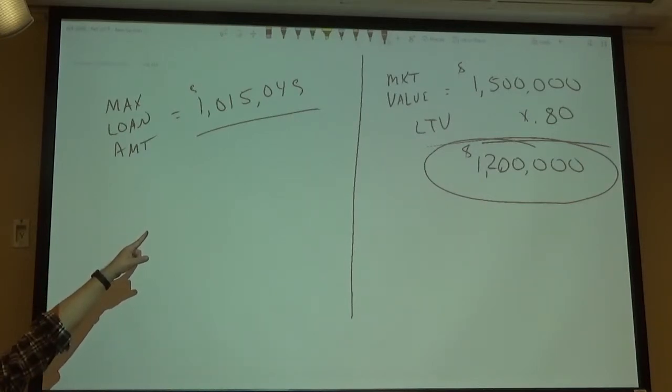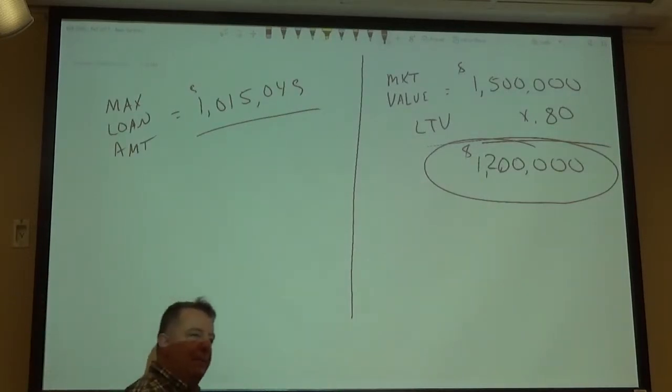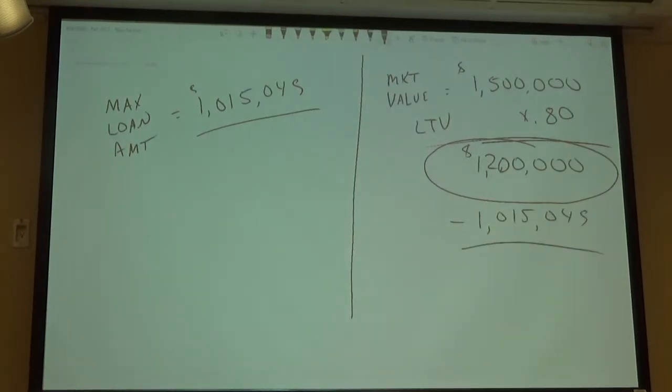Does that make sense? Yes or no? So, what does that mean we're going to have to do? You're basically going to have to take that 1.2 million, subtract out the maximum that they'll actually give you under the conditions that we've got.